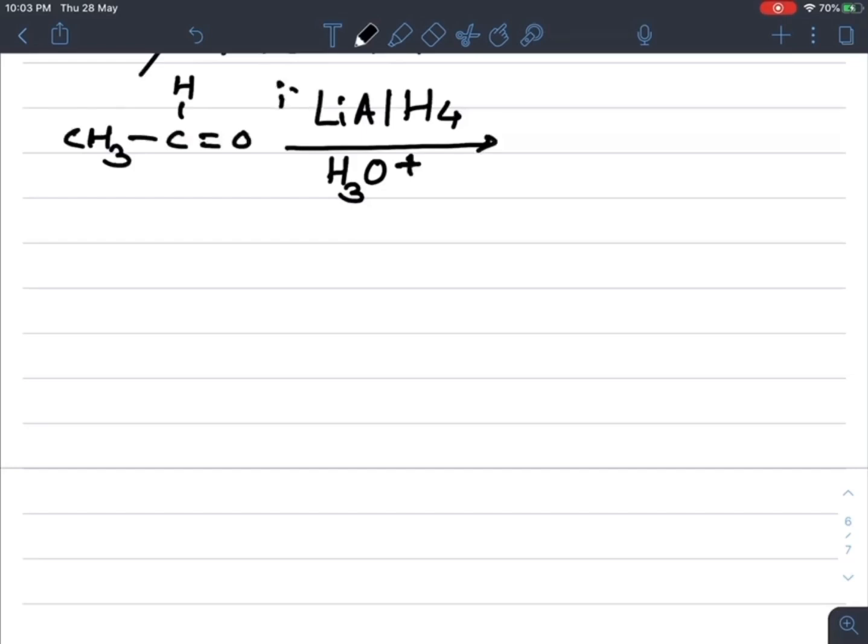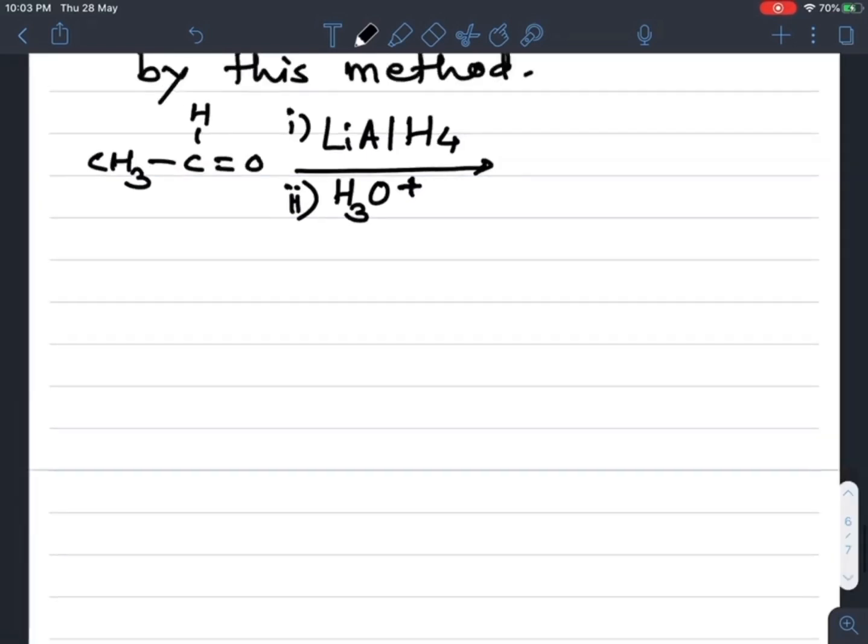So these both are used as a reducing agent, that is reduction of aldehyde by using LiAlH4 along with H3O plus. We get, simply addition, already we studied the mechanism, but now we can simply see the addition reaction. So what is meant by reduction? Here reduction takes place.